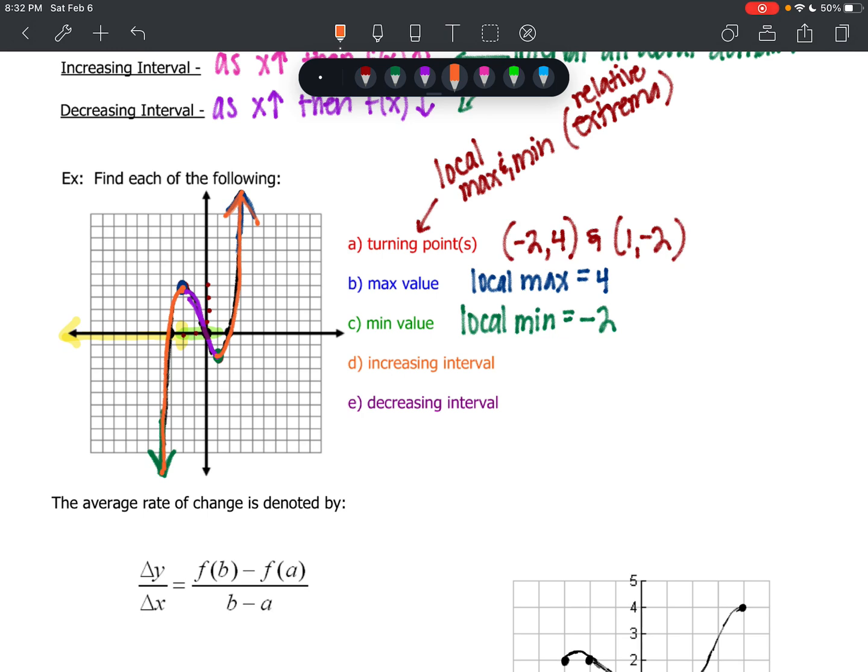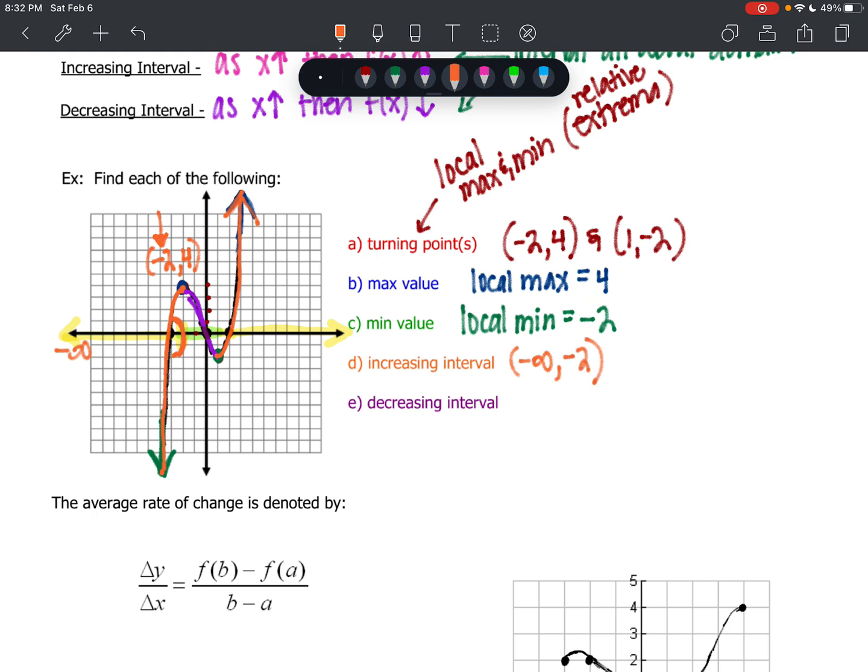So the interval on which it is increasing is negative infinity until the x value of the turning point. So negative infinity, and then the x value of this turning point, negative 2, 4, would be negative 2.